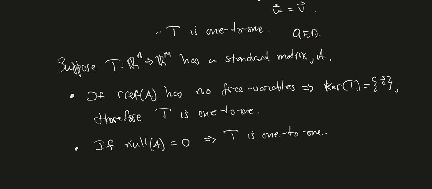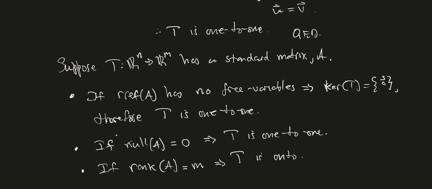And for that to happen, we would have to have M pivots in our RREF. So let's state that. So if the rank of A is equal to M, then this implies T is onto, right?